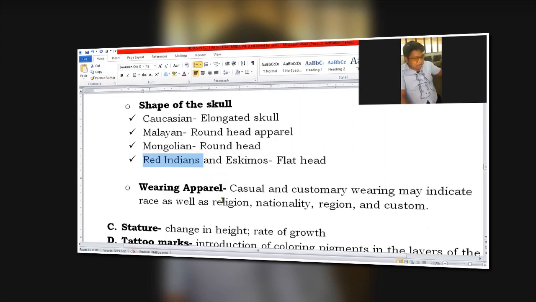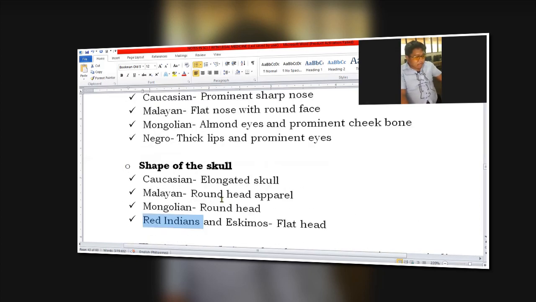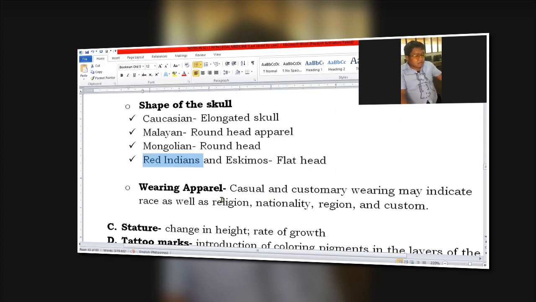Then wearing apparel also can be used to identify based on race. Sabi ko nga yung mga Ifugao or any ethnic groups in Cordillera, they have identifying wearing apparels that may identify the race. So casual and customary wearing may indicate race as well as religion, nationality, region, and custom.